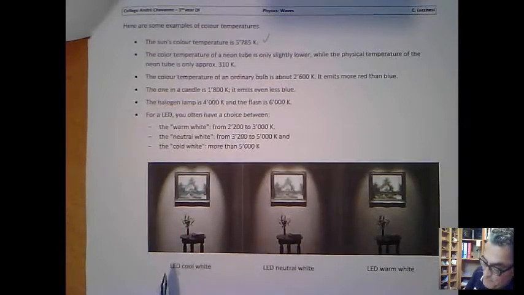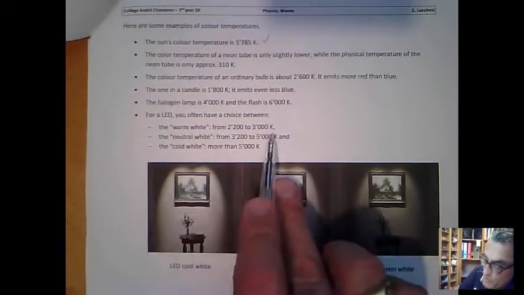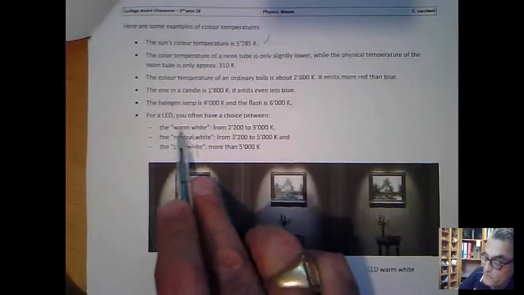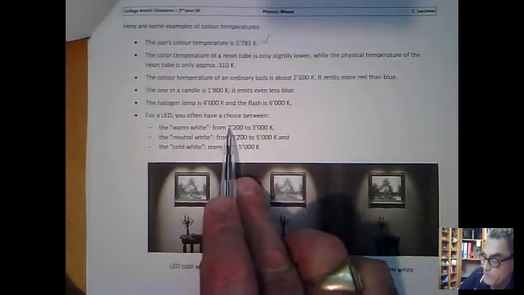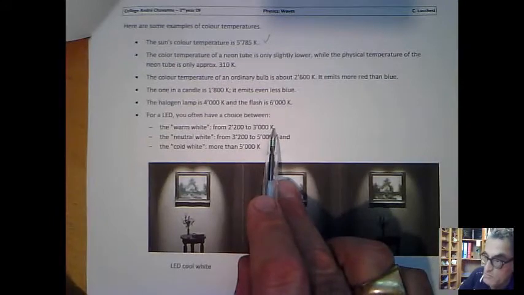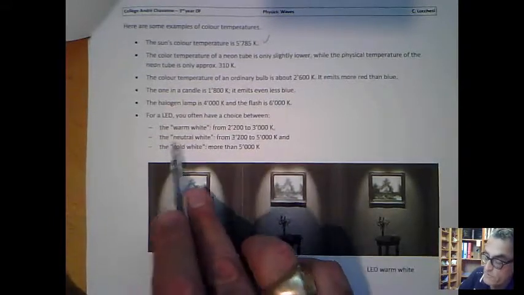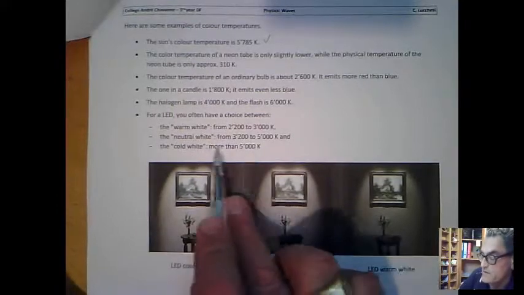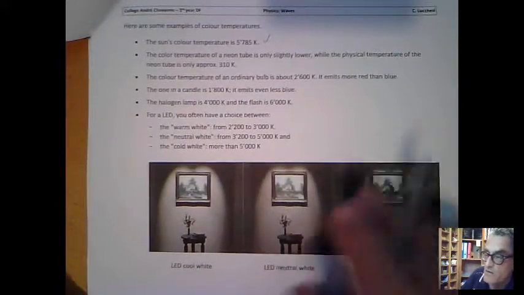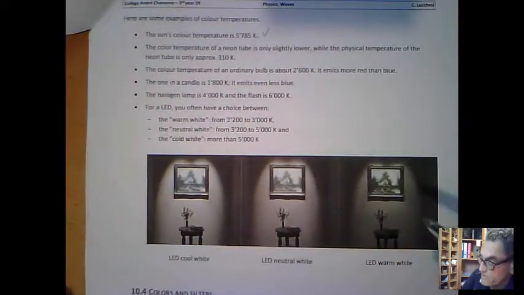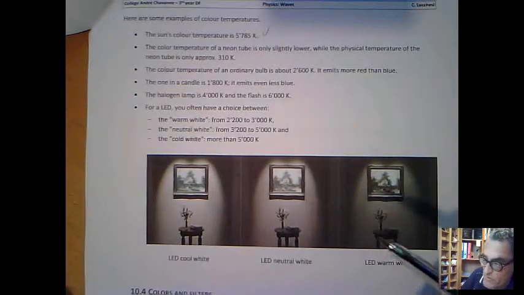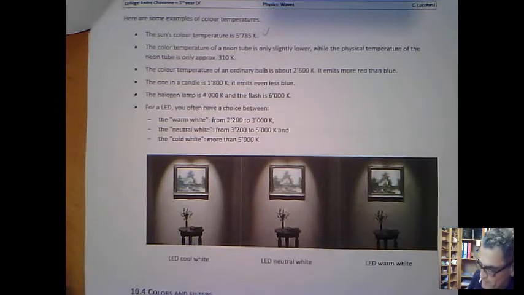And when talking about color temperature, this is important nowadays for LEDs. If you take warm white, you have a color temperature which is low, so which is closer to the red. If you have neutral white, it's average, and if you have cold white, it's a temperature of the order of 5,000 kelvins, and this gives you a light which is very blue, very, very cold, very horrible. Okay?